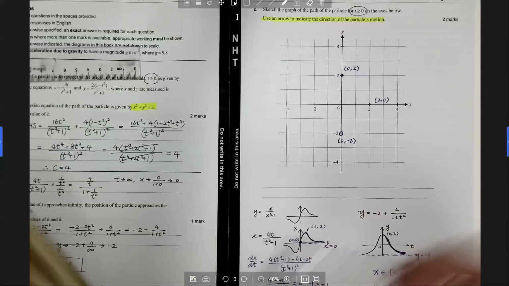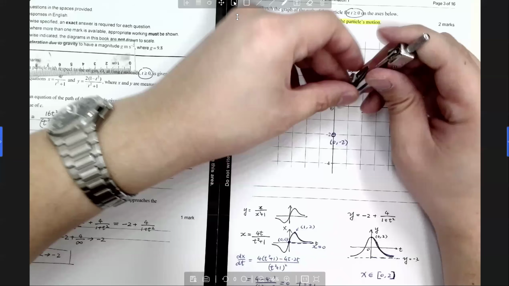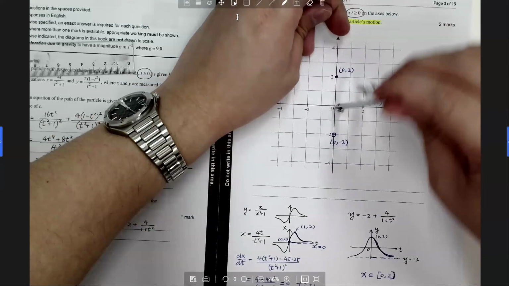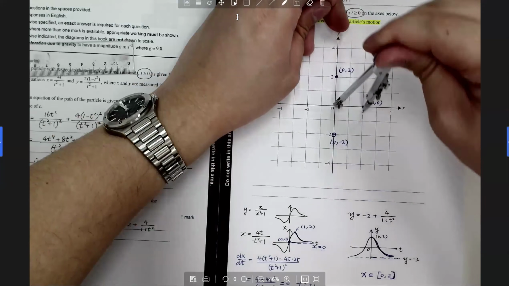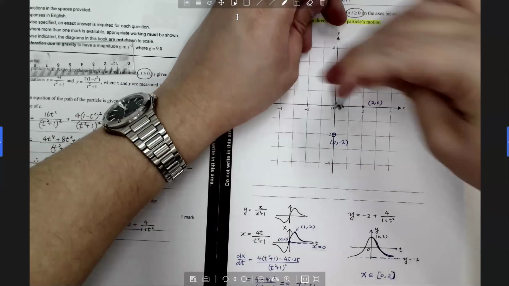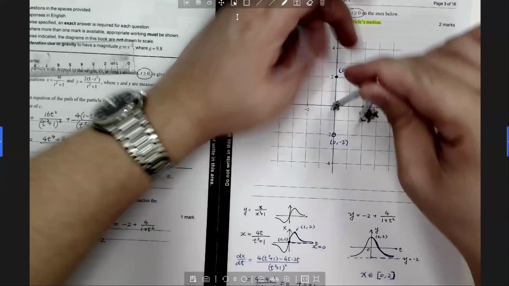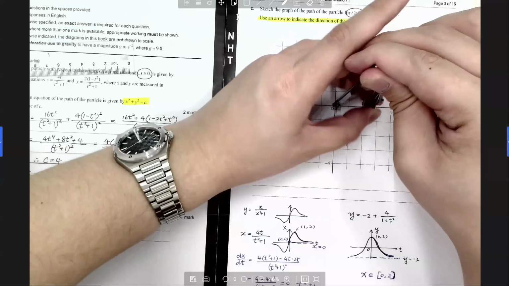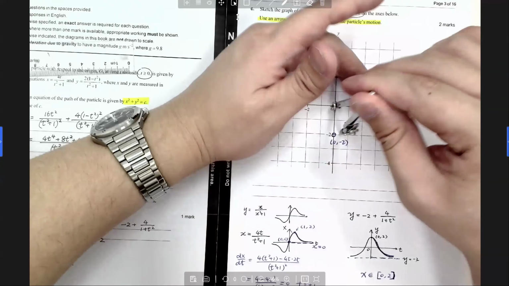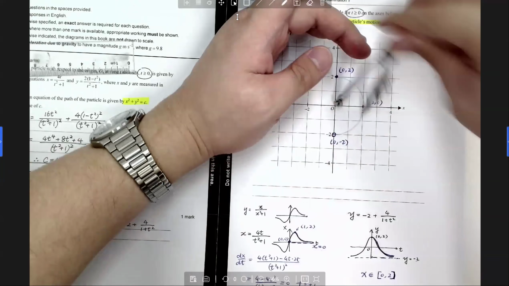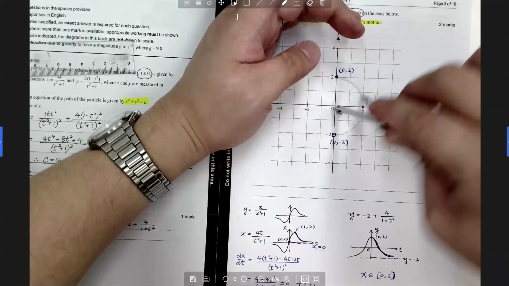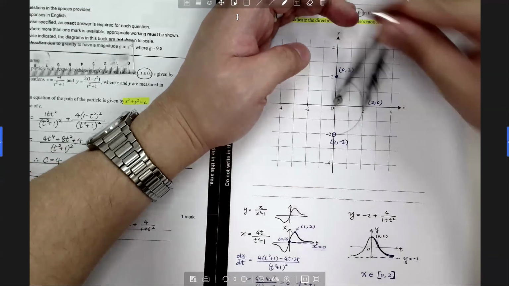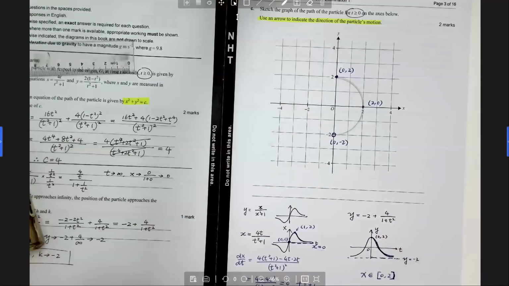If you have a pair of compasses, all I would do is like here. Okay, so on this line. Oh, I actually need to adjust my pair of compasses. Like this. Okay, so just this part.